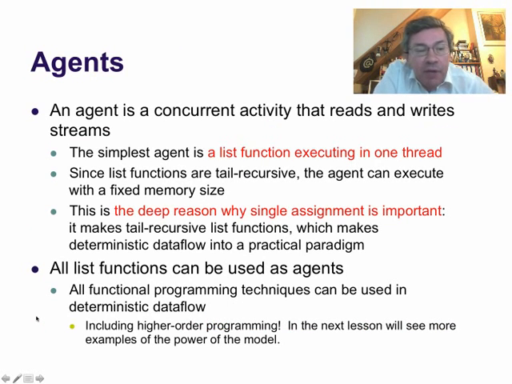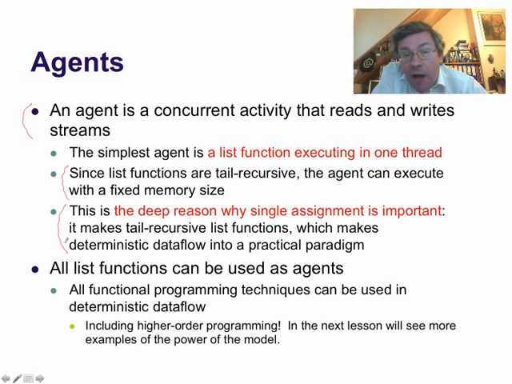So we have seen that an agent is a concurrent activity that reads and writes streams. So the simplest agent is a list function, one list function executing in one thread. Notice that since list functions are tail recursive, the agent will execute indefinitely with a fixed memory size, perfect for concurrent activity.